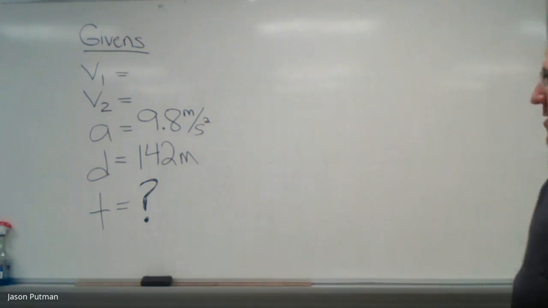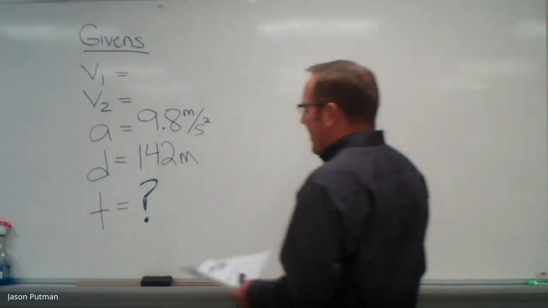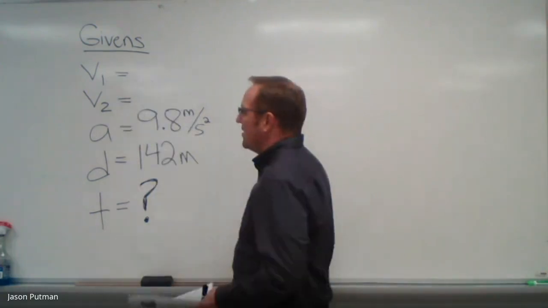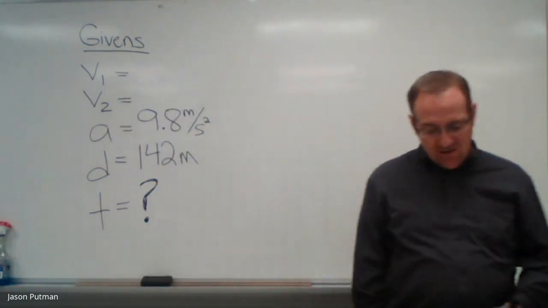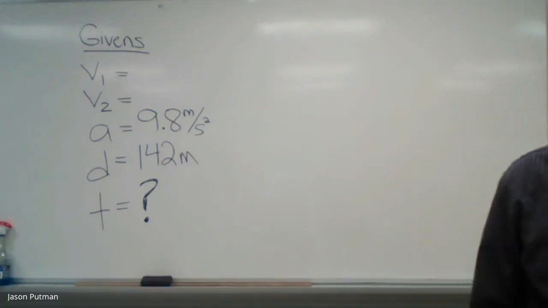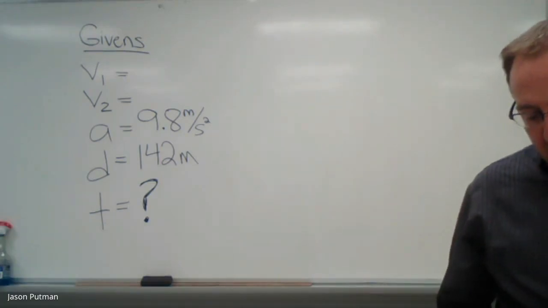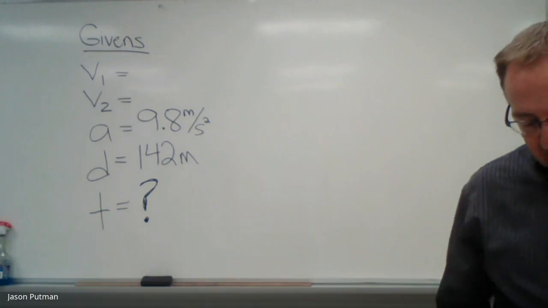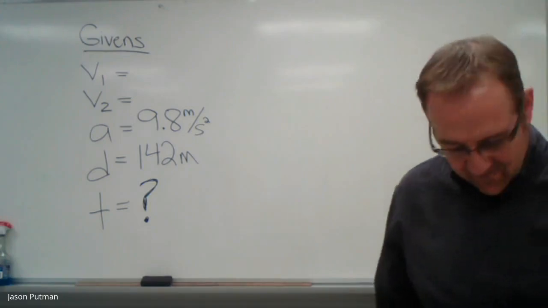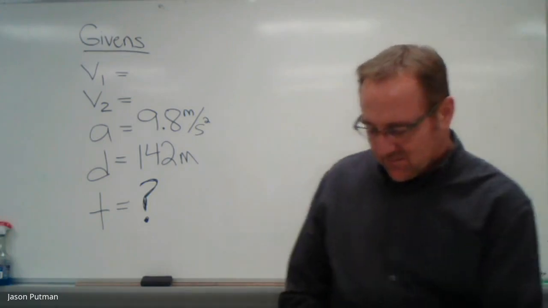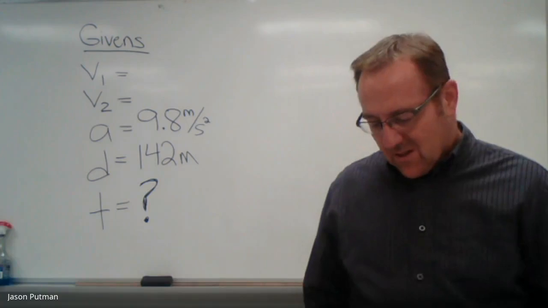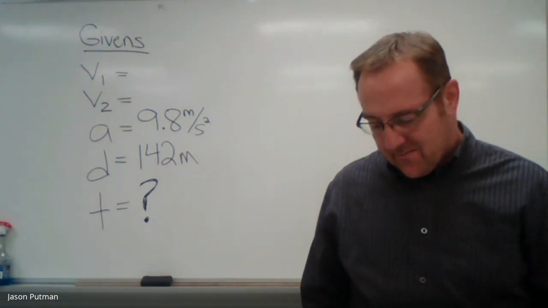So that leaves two other possibilities, and we have to know one of these. So which one? And what's the number? You either know the starting speed or you know the ending speed. Any suggestions? Well, 0 is a number.